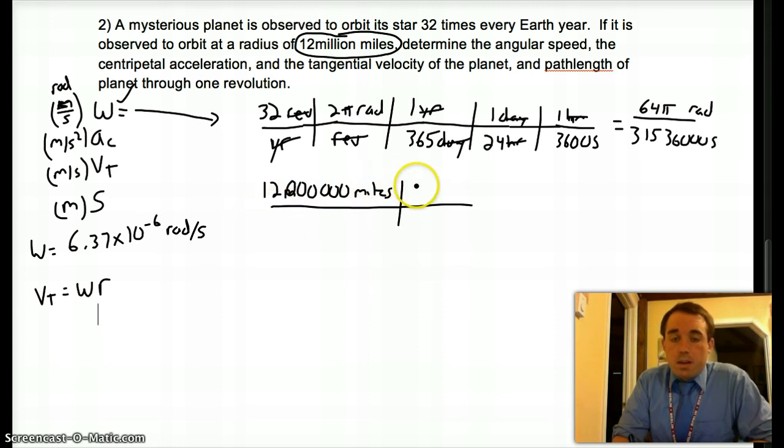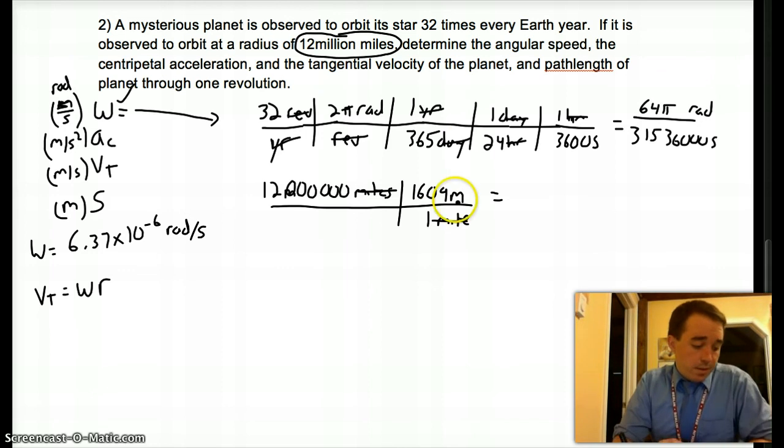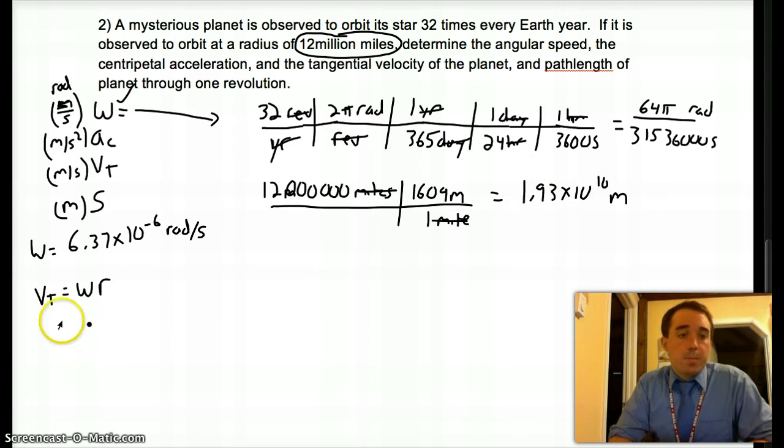And I know that, just off the top of my head, there are 1,609 meters per 1 mile. So miles cancel, which gives me 3 times 1,609, 1.93 times 10 to the 10th meters. Okay.